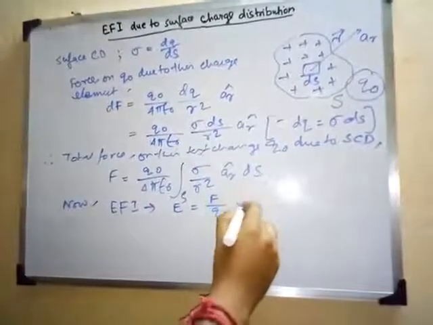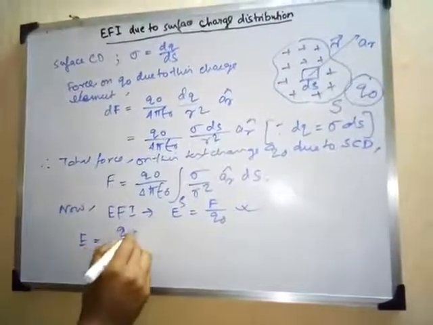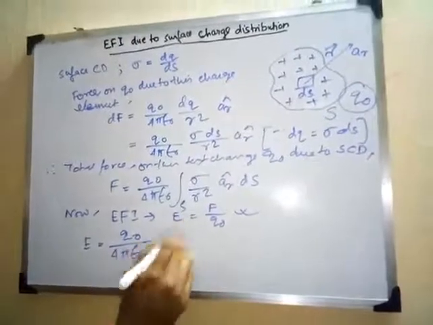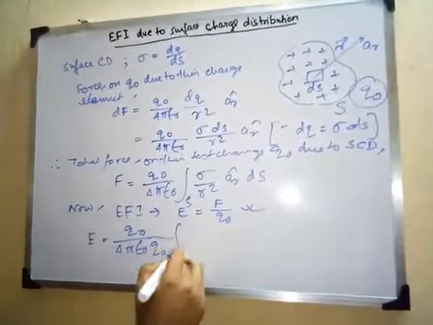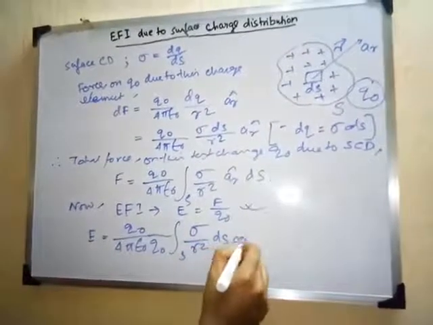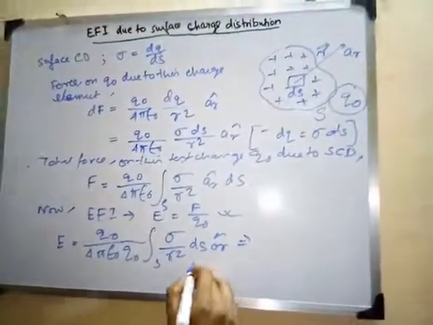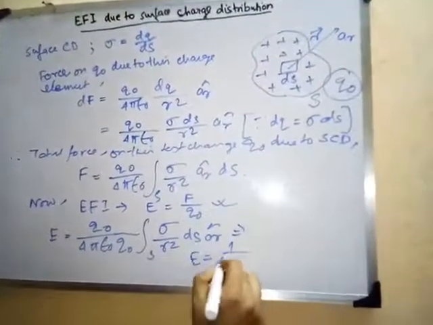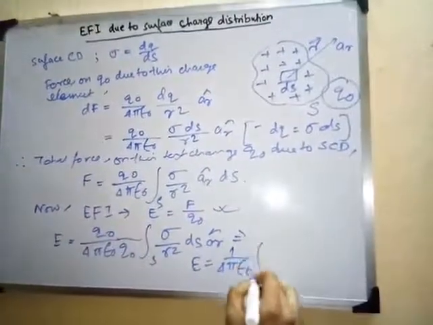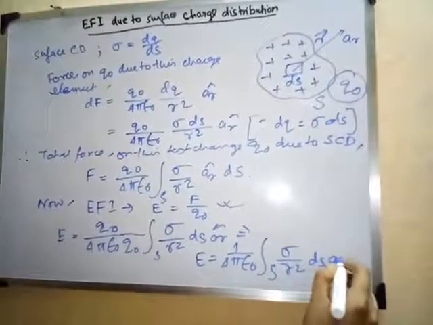That was our main definition. So E equals 1 by 4 pi epsilon naught times the surface integral of sigma by r squared ds aR, where Q naught gets cancelled out.